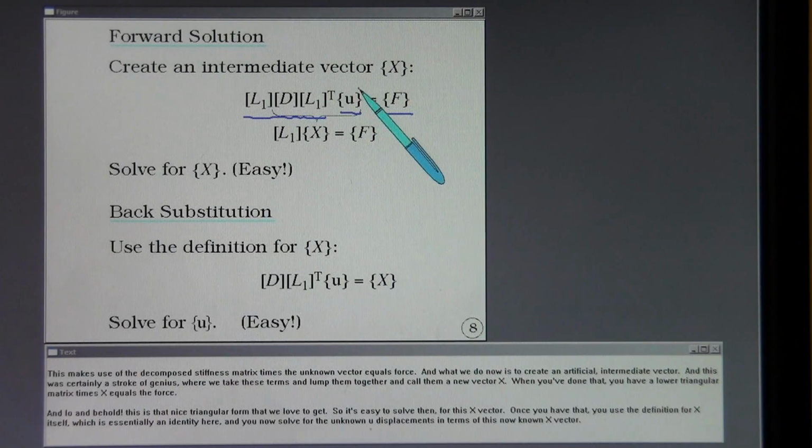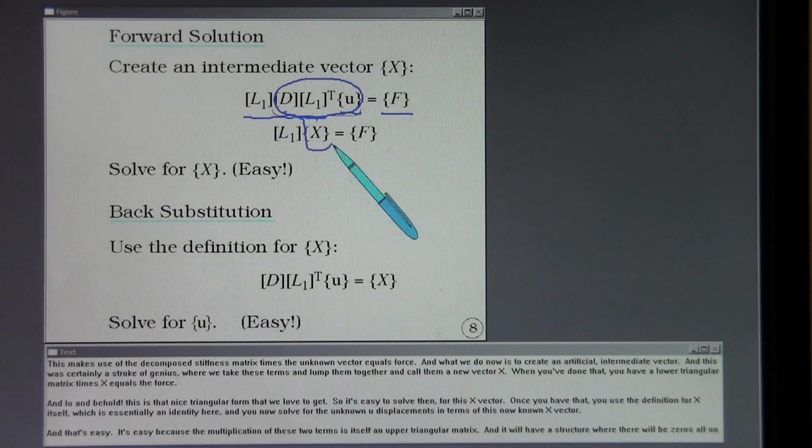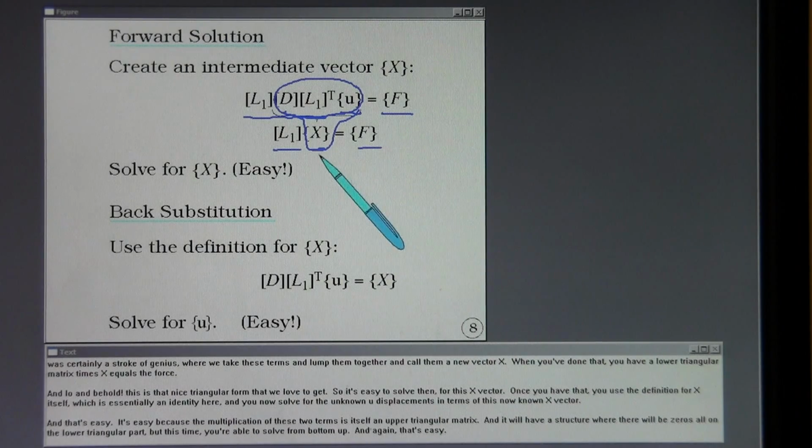And this was certainly a stroke of genius, where we take these terms and lump them together and call them a new vector x. When you've done that, you have the lower triangular matrix times x equals the force. And lo and behold, this is that nice triangular form that we love to get. So it's easy to solve then for this x vector.